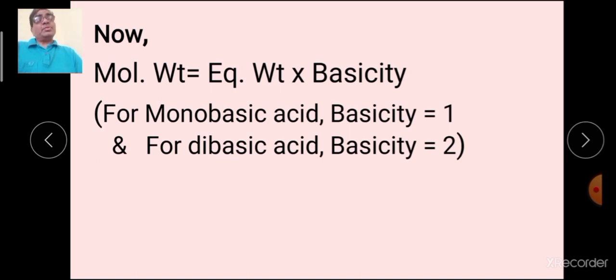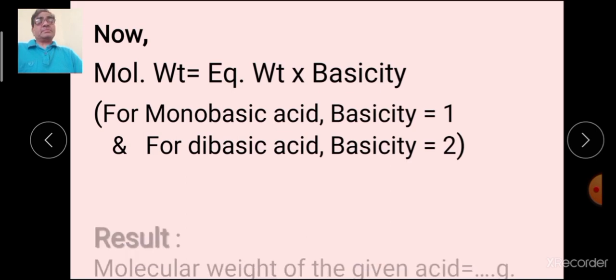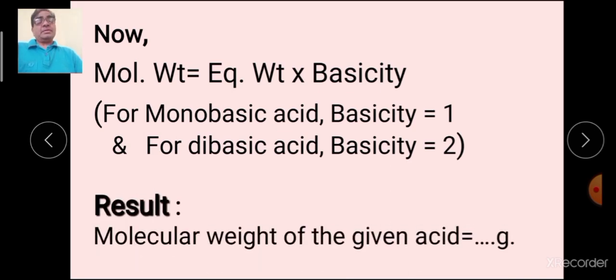And when the basicity is 2, then the molecular weight will be equal to twice the equivalent weight, and therefore the molecular weight of the acid is determined. Results: the molecular weight of the given acid equal to dash gram.